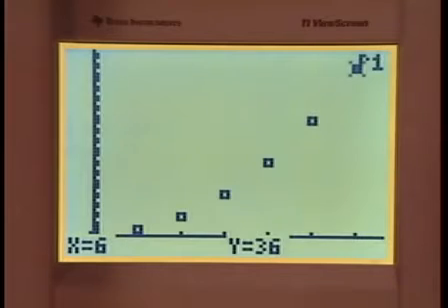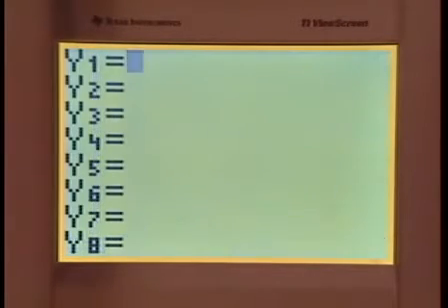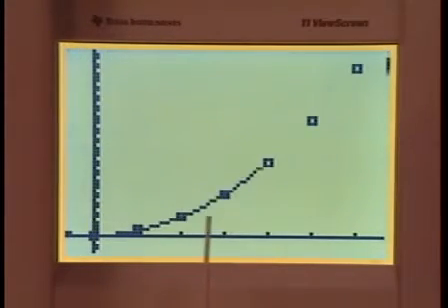Those were the last input-output pairs that we keyed in. If we now go to the function and plug in the simple function x squared and we graph, we see that the function joins those points indeed.